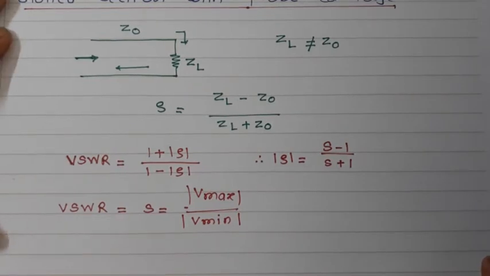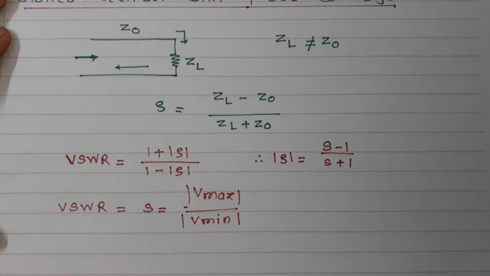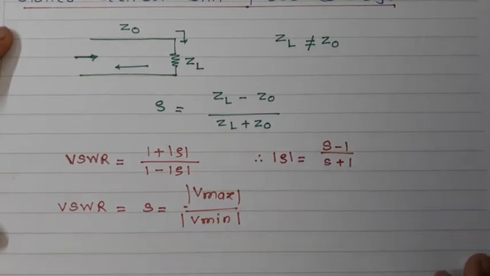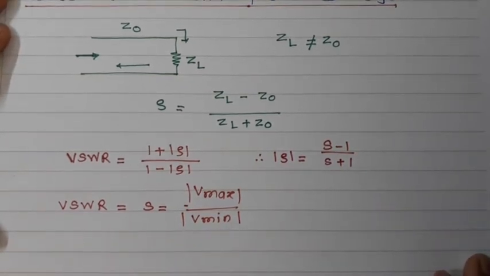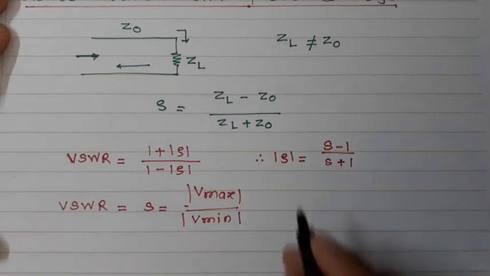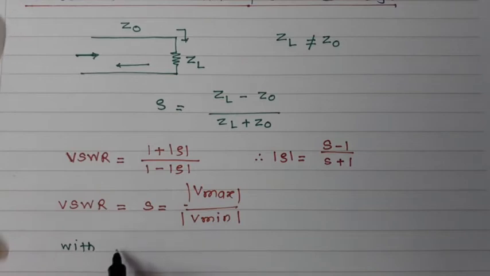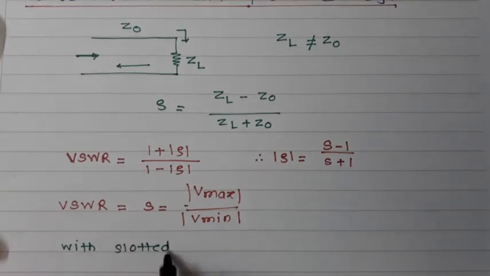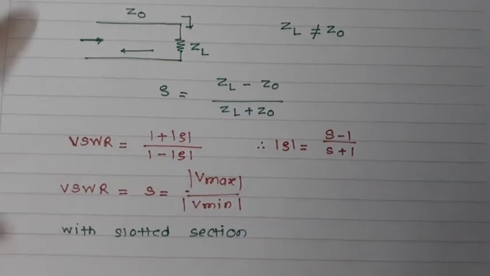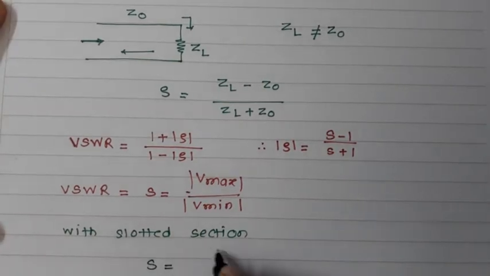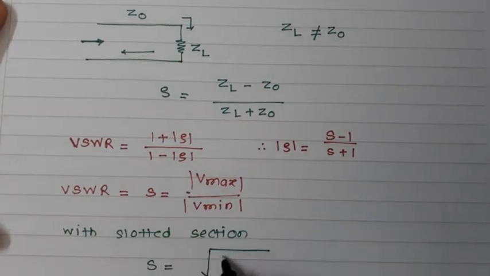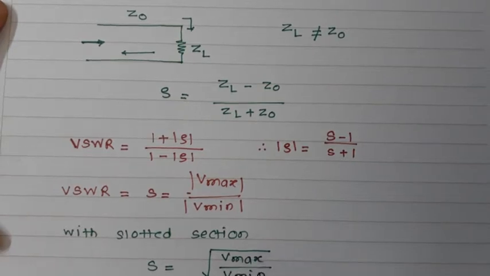In our case we are having a probe carriage. With the probe carriage we know that we are using a diode detector in the probe. With the slotted section, which uses the probe carriage, the standing wave ratio that you observe is nothing but the square root of V max divided by V min.